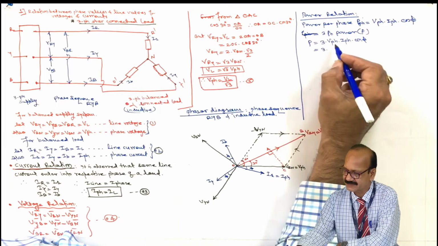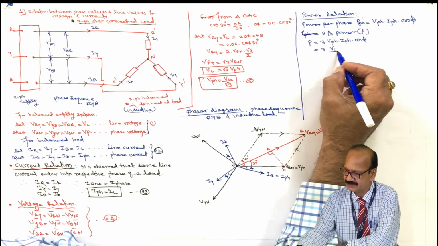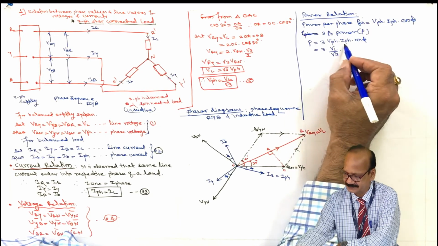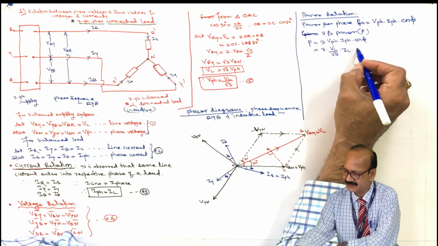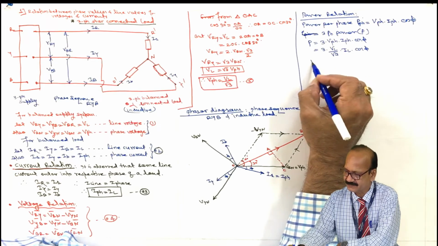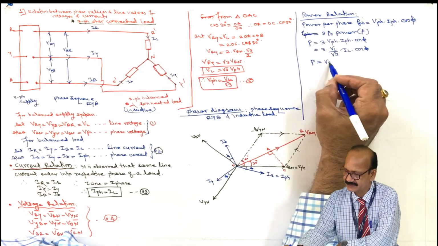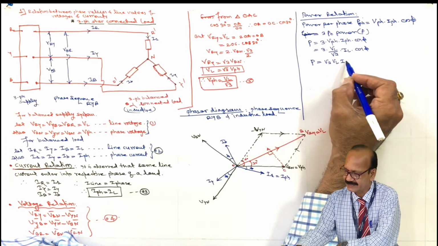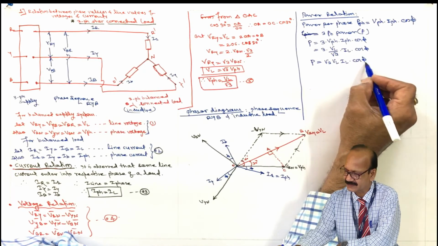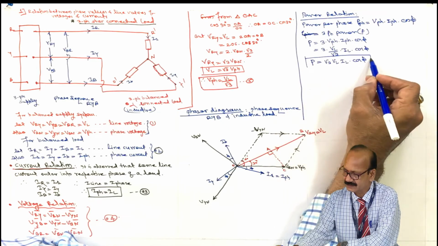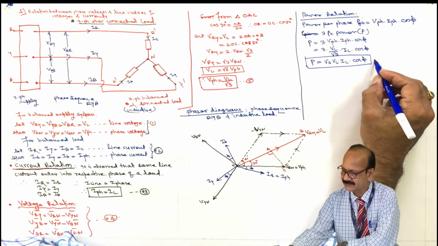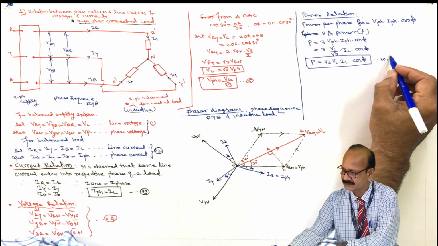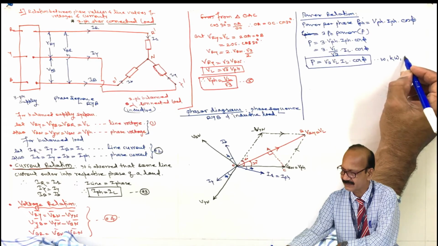So this is 3 multiplied by, what is Phi PH? PL upon root 3. What is IPH? IPH is nothing but IL into cos phi. Therefore P equal to root 3 PL IL into cos phi. This unit is watt, bigger unit is kilowatt or megawatt.